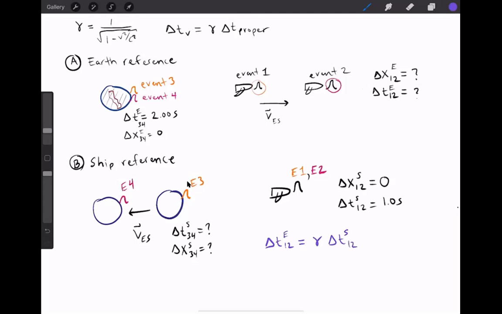So the first thing is for you guys to calculate gamma, the Lorentz contraction factor. I don't know if somebody wants to do it or if somebody has already done it. I'll wait for you guys to do it. But once you have that value, then you can figure out this 1 second and put it up here. Okay?